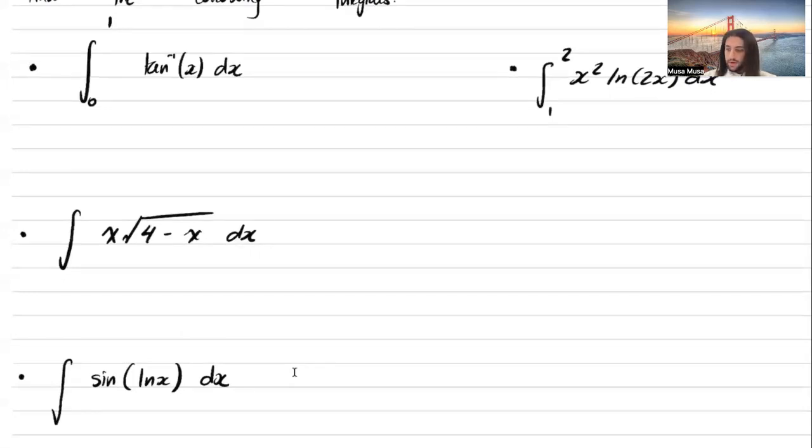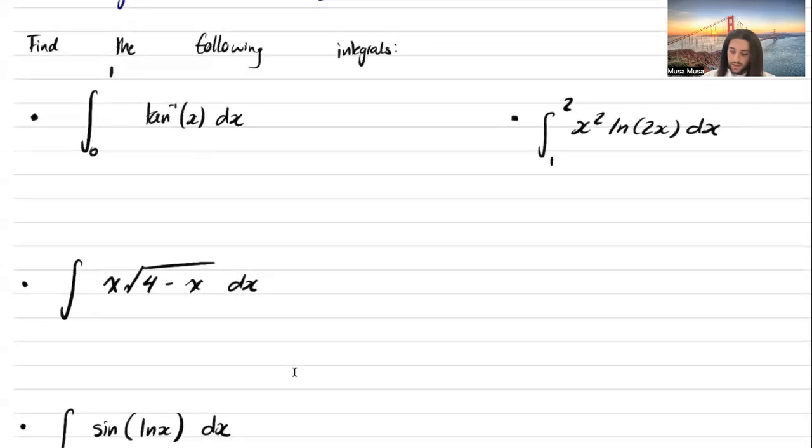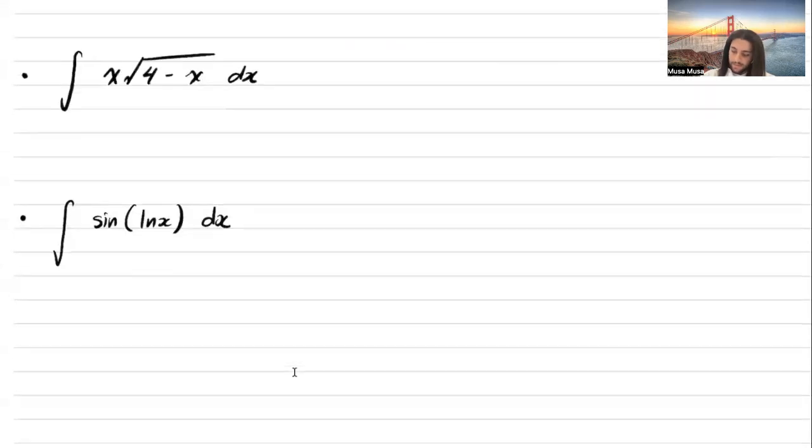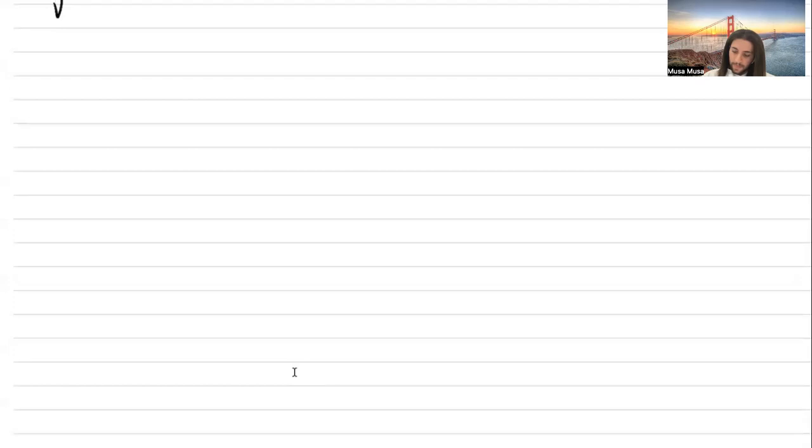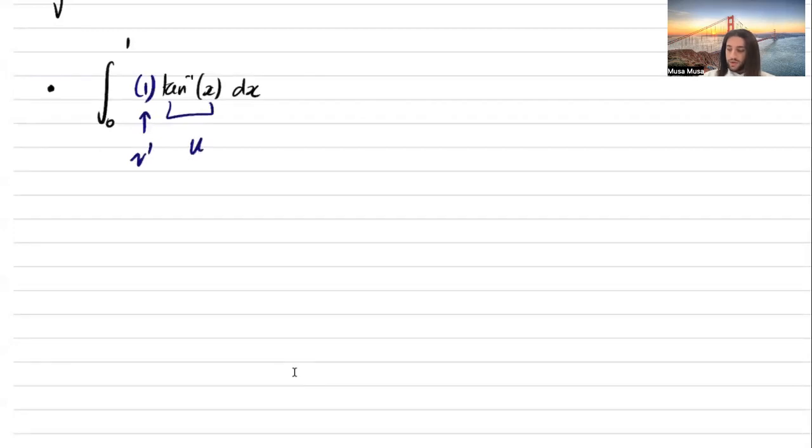So we can do them. Okay, so let us take this first one. Well, this doesn't have any other function, so it probably means we have to use a 1 there. Let's make that my v dash. Let's make this my u. And of course, this is going to be vu minus integral of vu dash dx.